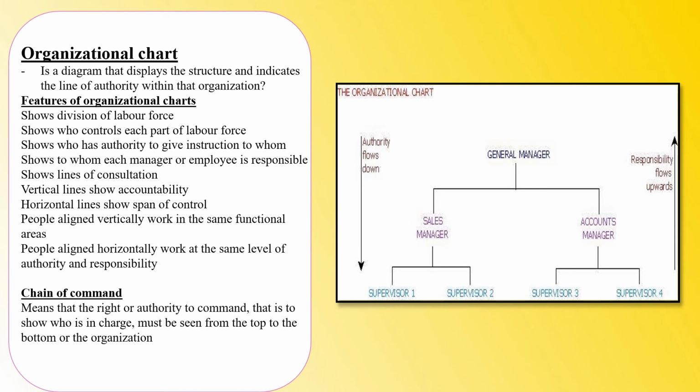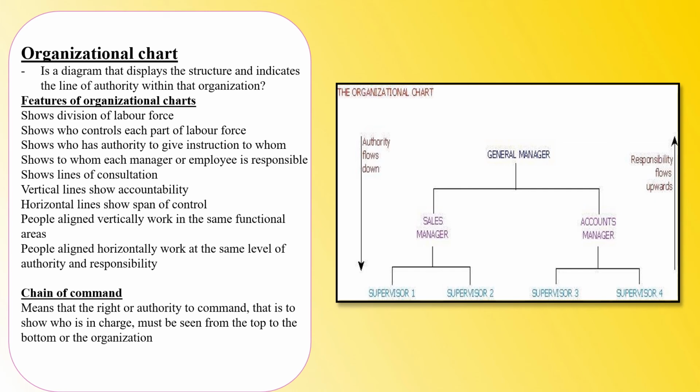They show the line of consultation. The vertical line shows accountability, the horizontal line shows span of control. People aligned vertically work in the same functional areas. People aligned horizontally work at the same level of authority and responsibility.